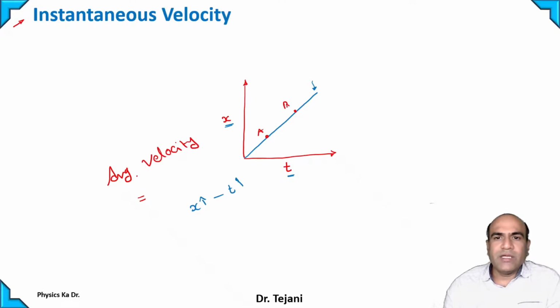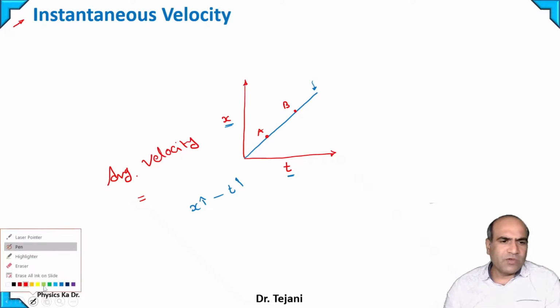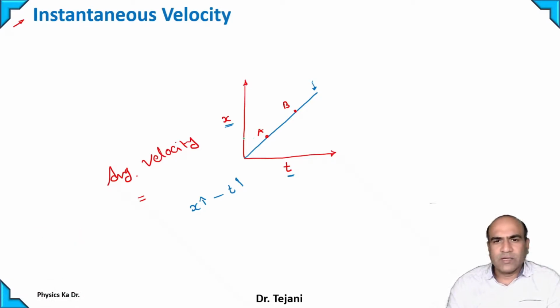And if we want to find the average velocity from position A to B, we know it's very simple. How? We can extend this point to the reference axis, so it gives us x1. Similarly for B, it gives x2. On the horizontal axis, it gives time t1 and time t2.